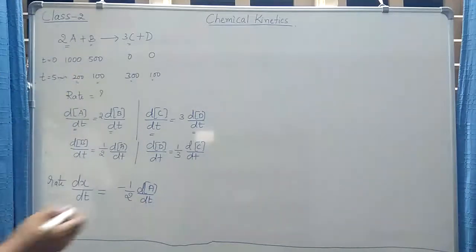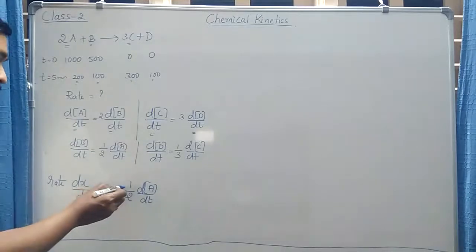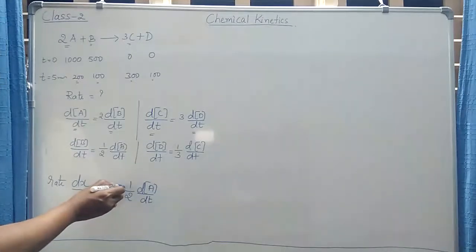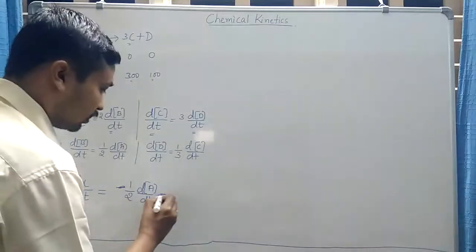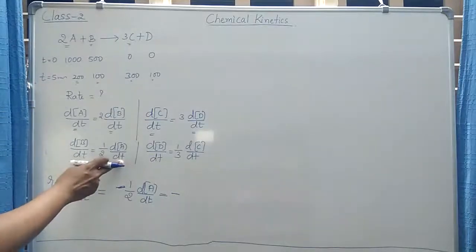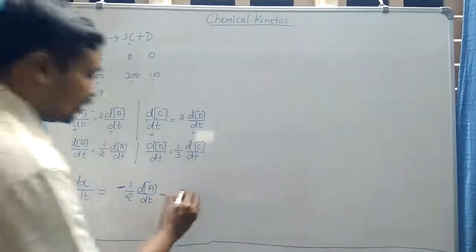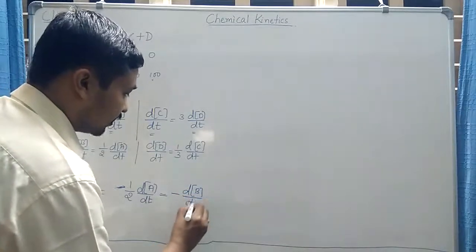Why have I written minus here? Because if I am measuring the rate of the reaction with respect to a reactant, the minus sign is compulsory, because the concentration of the reactant decreases with respect to time. Or you can also express this as minus, half into dA by dt, which is nothing but dB by dt, so minus dB by dt.